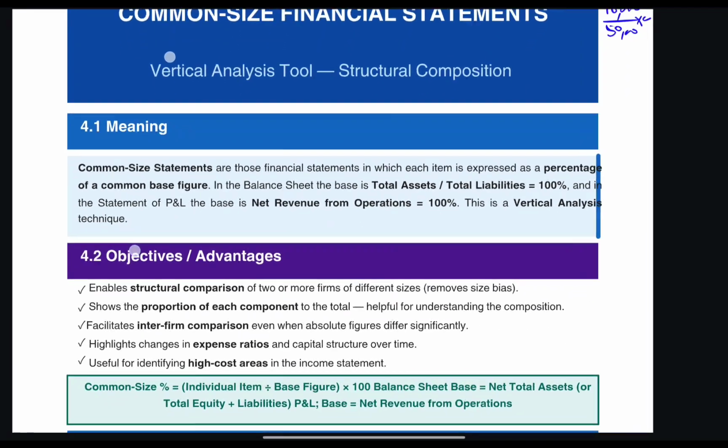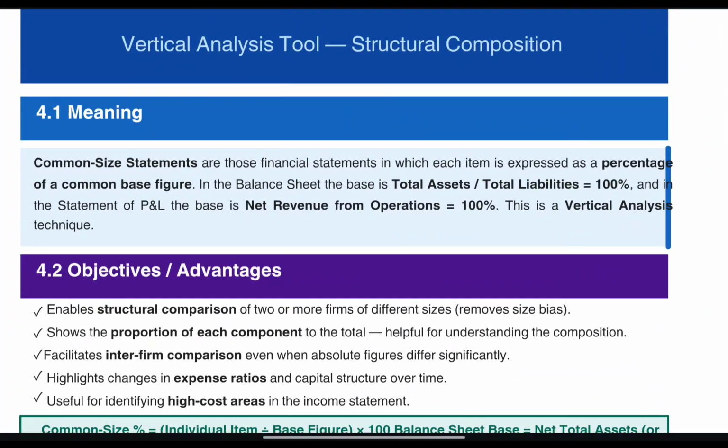Common size statements are those financial statements in which each item is expressed as a percentage of a common base figure. So we have to take a figure as common, and in the balance sheet the base we will consider is total assets or total liabilities. Both are equal. Total assets is equal to total liabilities. So we will consider these as 100% or base, and in the statement of profit and loss we will consider net revenue from operations as base.